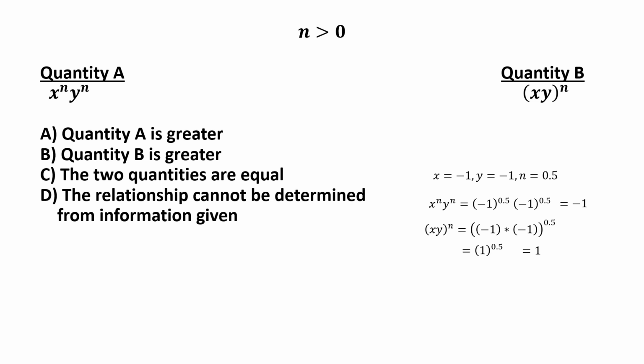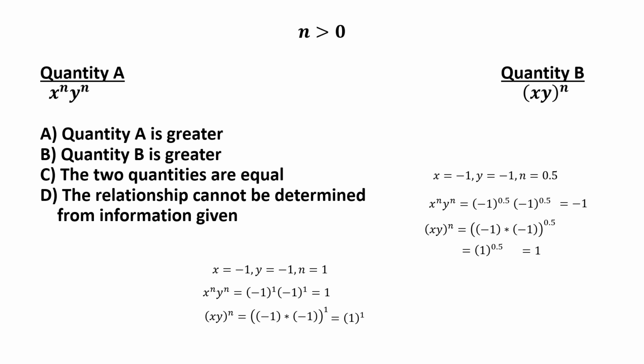Of course, there are many such cases. Depending on the values of x, y, and n, you can pick many other values, such as this simple set: x equal to minus 1, y equal to minus 1, n equal to 1. You can show quite easily for these values that x to the power n times y to the power n will be equal to 1, and (xy) whole to the power n will also be equal to 1.